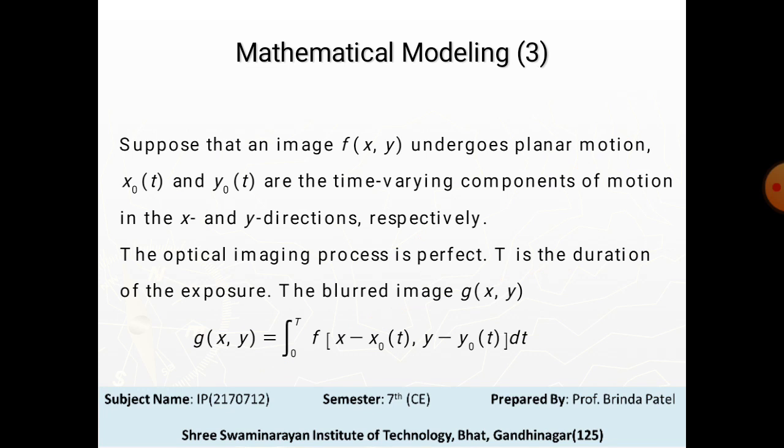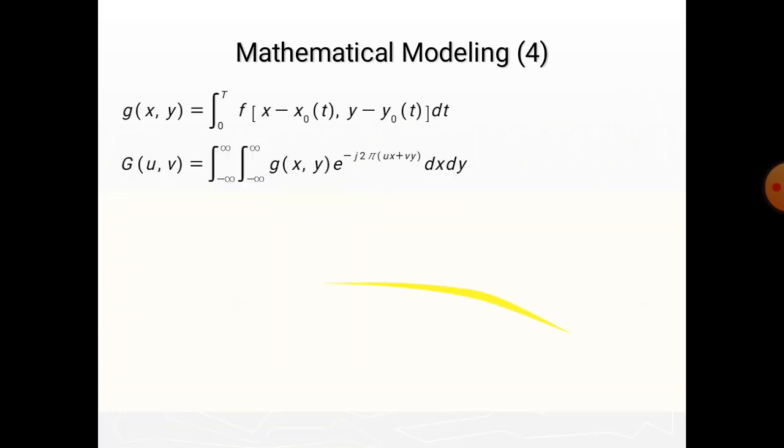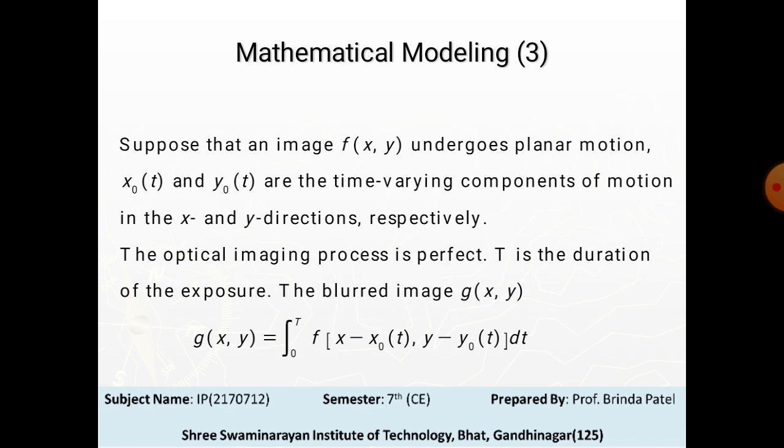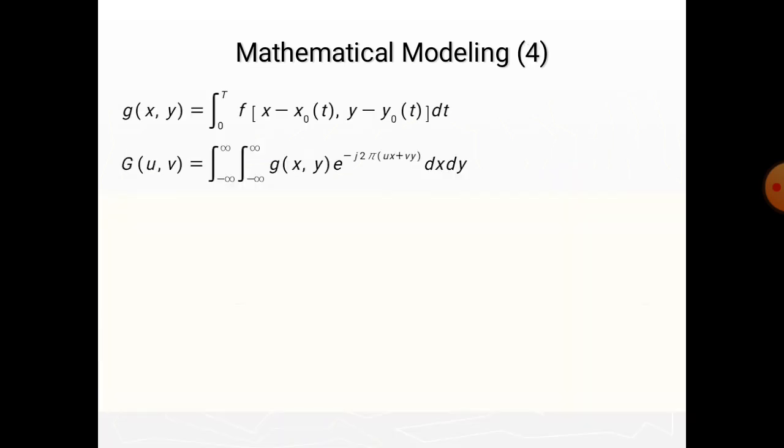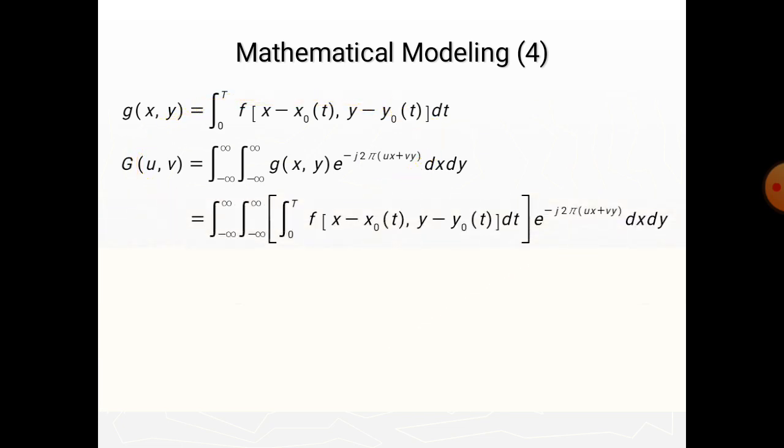Then if T is the duration of the exposure, it follows that g(x,y) is equal to the integral from 0 to T of f(x minus x0(t), y minus y0(t)) dt. Here g(x,y) is the blurred image. From this we can get this equation.